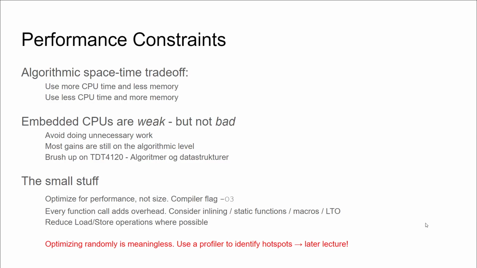The biggest constraint of an MCU is obviously the performance. An MCU is weaker, but not bad. Importantly, the biggest gains you'll find is on the algorithmic levels, whereas a PC program could easily iterate over 1 million elements in an array to find the one it needs and not break a sweat while doing so. The MCU program would want to avoid doing such an operation, typically by picking a better data structure not needing that linear search.